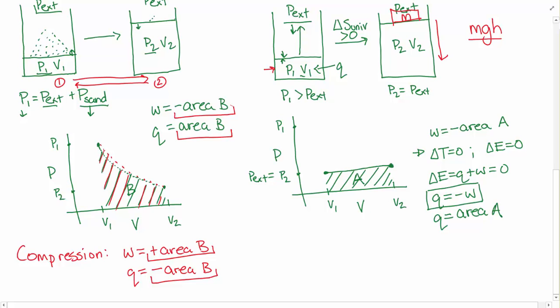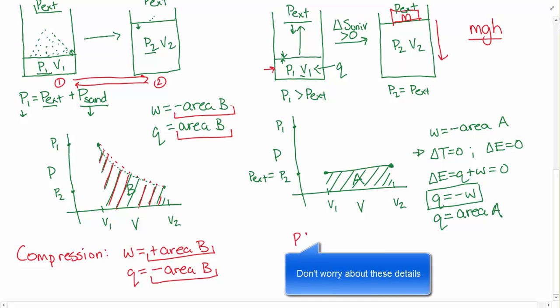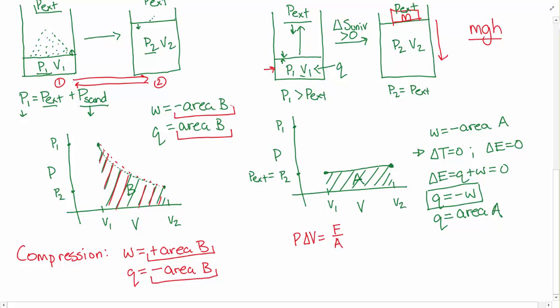So if we were to have pressure times the change in volume, well, pressure is force per area, and volume is the area of the piston times the change in its height.